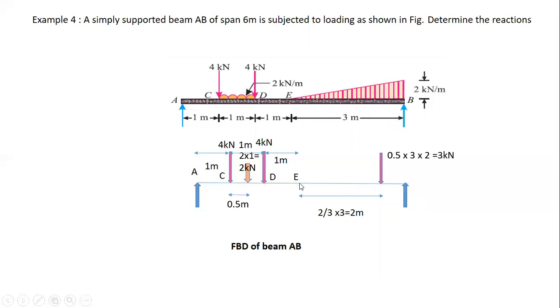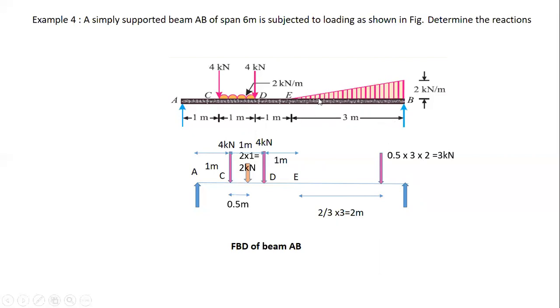From the point E, it will be acting at a distance of 2 meter, or 1/3 from point B. From here to here, it is 1 meter, as 1/3 of 3 is 1 meter. So 1 meter plus 2 meter will give 3 meter.